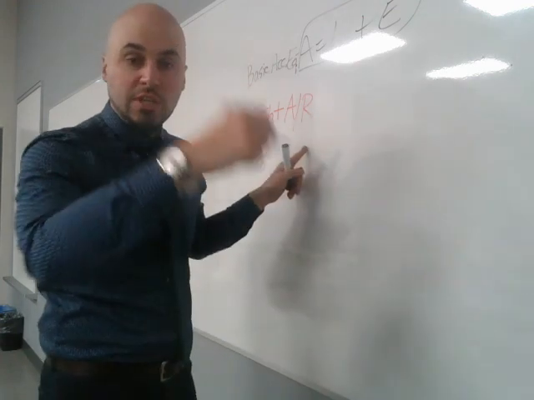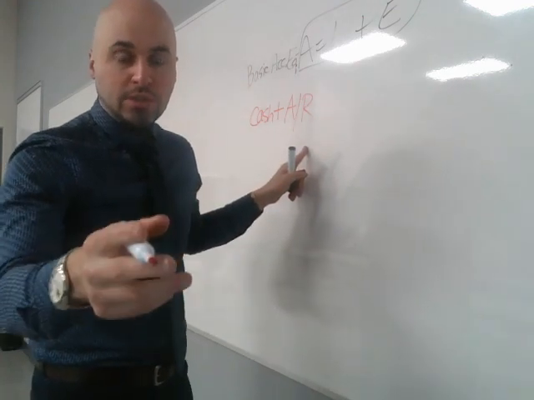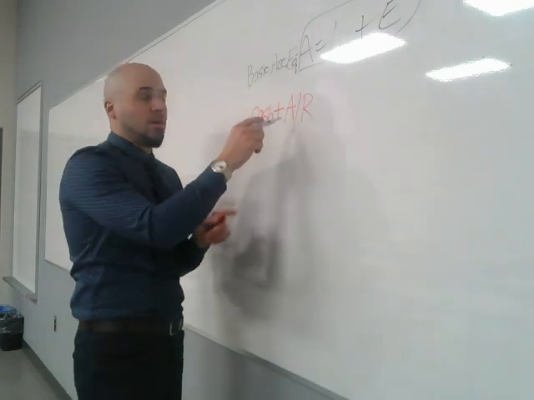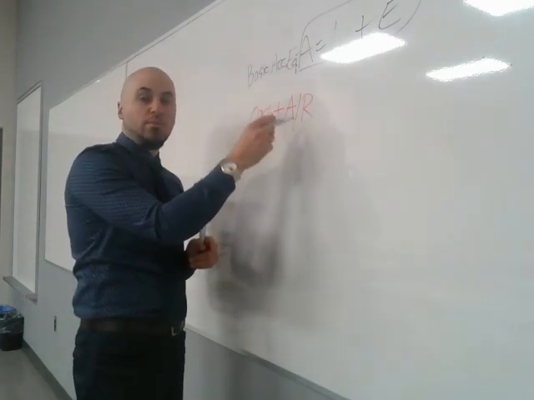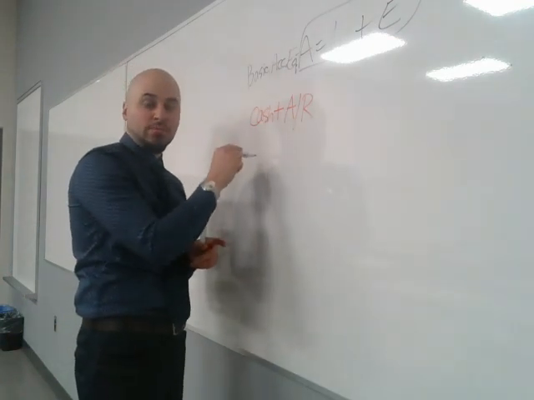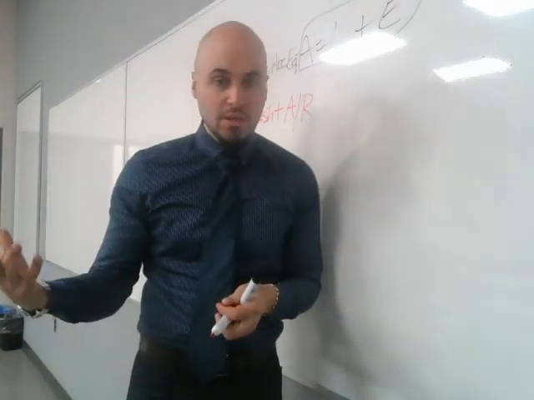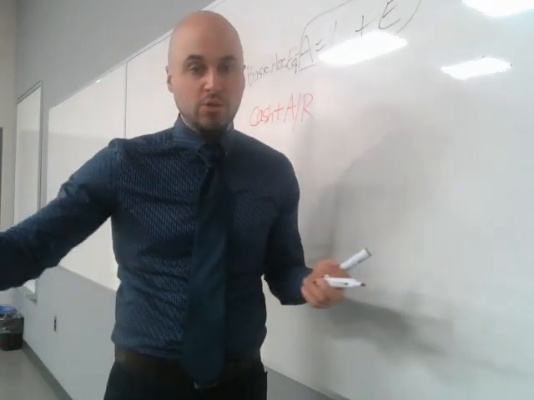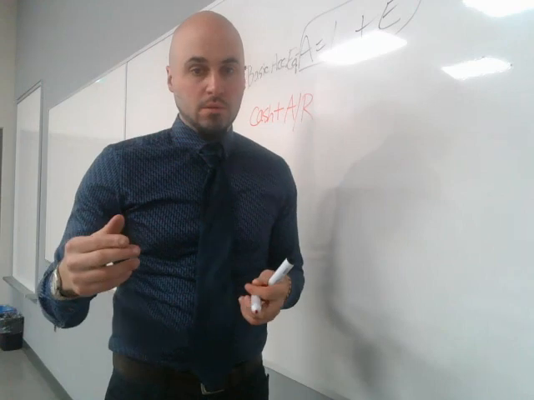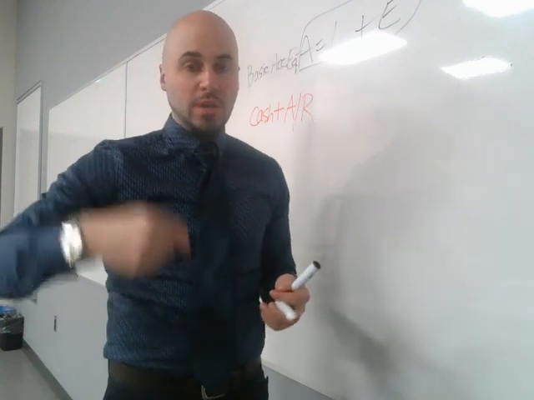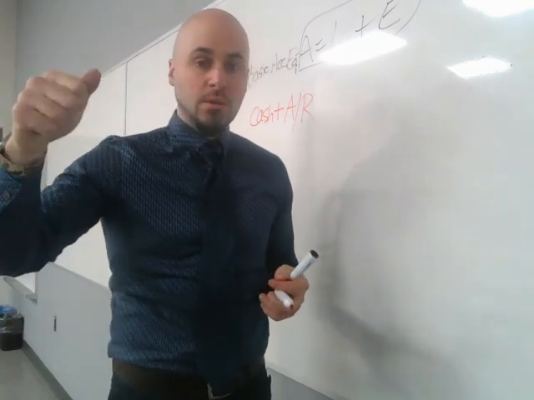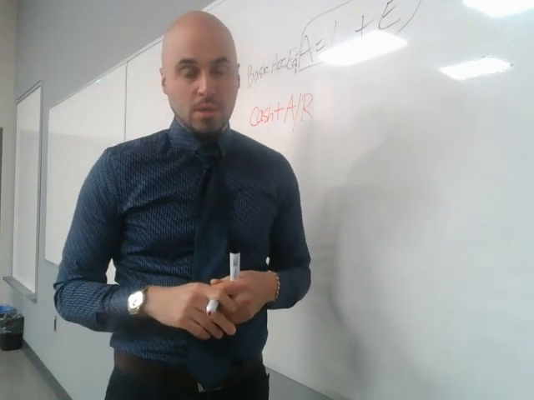And then when we do receive payment, guess what's going to happen? The accounts receivable will be converted into cash. Let's suppose somebody pays you $50 with credit. You sell something, the customer pays you $50 with their credit card.